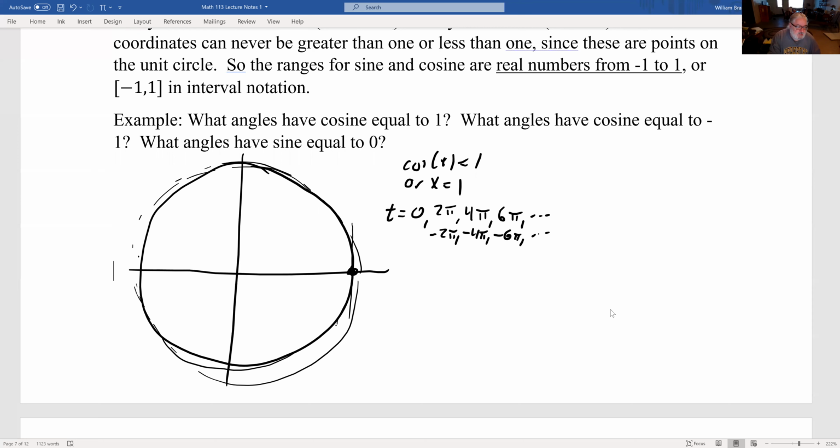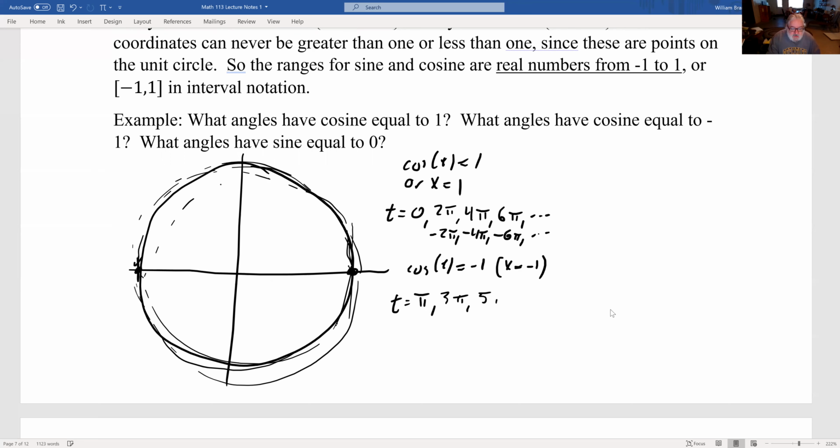When is cosine of t equal to -1? That's out here. Right? And that means we're looking for points on the circle with x coordinate equal to -1. And that angle is π that way. Or you could go π and then another 2π all the way around. So that would be 3π.